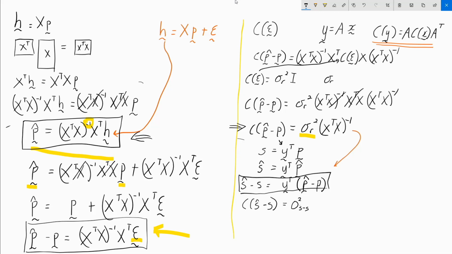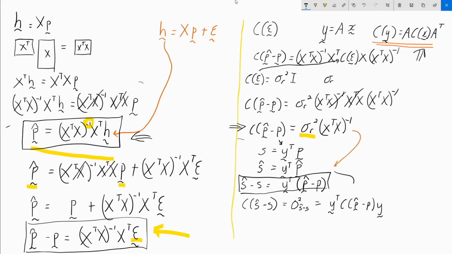So the variance of predictive error equals sigma squared, because a matrix that has only one element is a scalar, and a covariance matrix that has only one element is the variance of the quantity whose uncertainty is being described, and that equals y^T C_p minus p y, just using this equation.